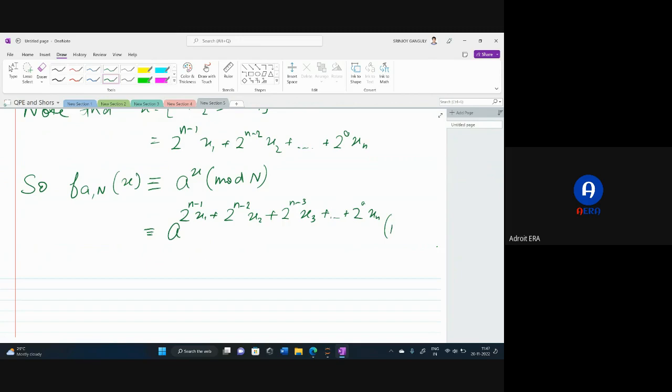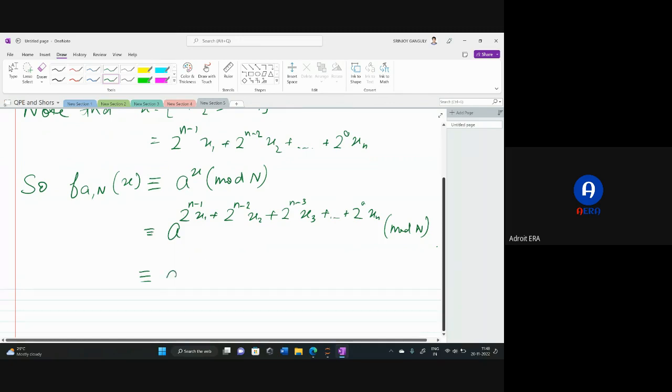And mod n is also there. We are just expanding, that is it. We're not doing anything, just expanding. And therefore now we can write them separately. So it will be a^(2^(n-1) x1), then a^(2^(n-2) x2), and so on up to a^(2^0 xn) mod n.